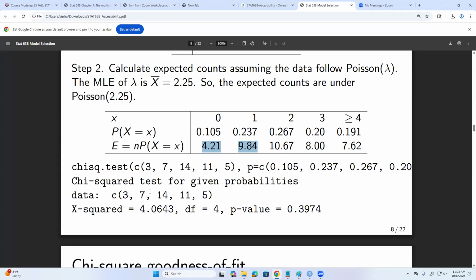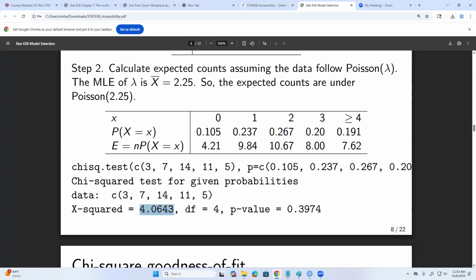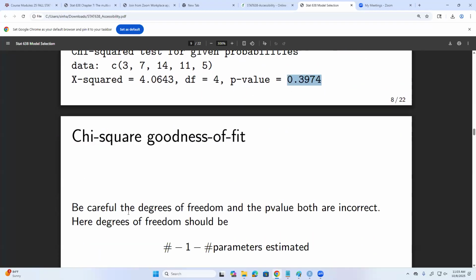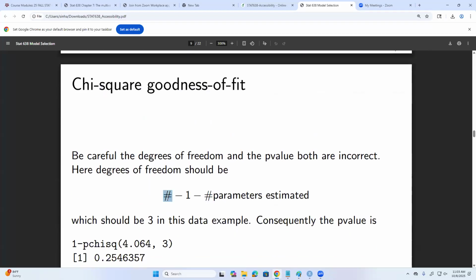All right, in this case, if you use this chi-square test, it gives you the test statistic value 4.063, degrees of freedom 4, and the p-value is this. But be careful, the degrees of freedom and the p-value both are incorrect here, because your degrees of freedom should be the number of bins minus 1 minus the number of parameters estimated.